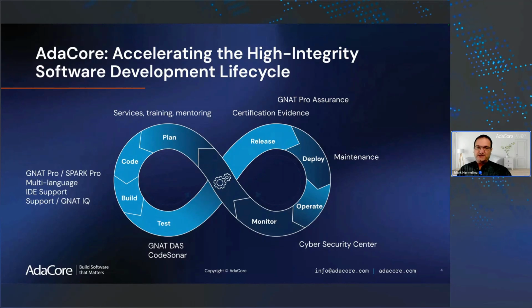Lots of really interesting updates for that. IDEs, of course, are really, really important. AI, LLMs, GNAT IQ is a big topic. We'll talk about DAS. We'll talk about CodeSonar. And you can see where all of these services and products are placed all around your software development lifecycle. So I'll be your master of ceremonies today.